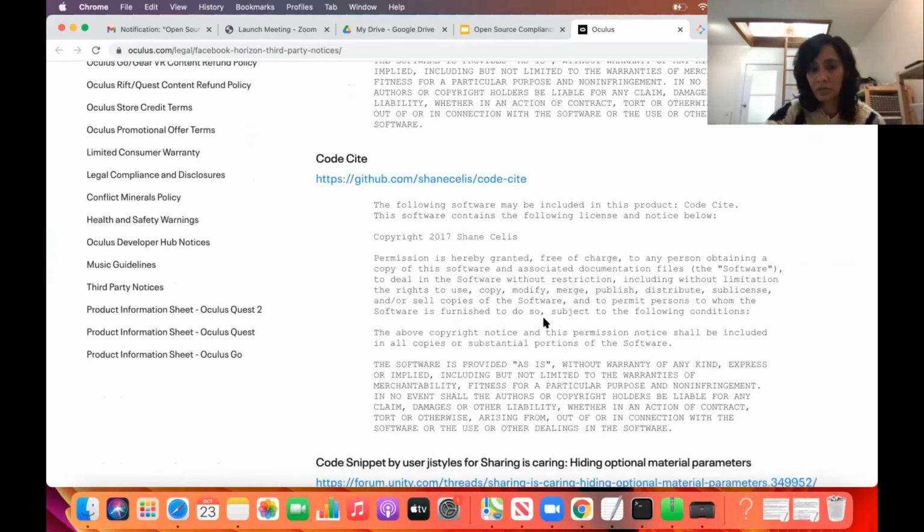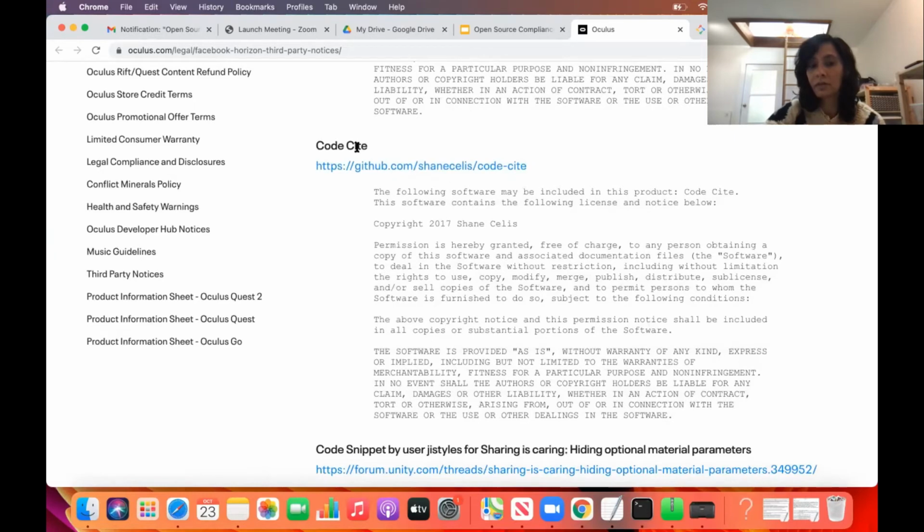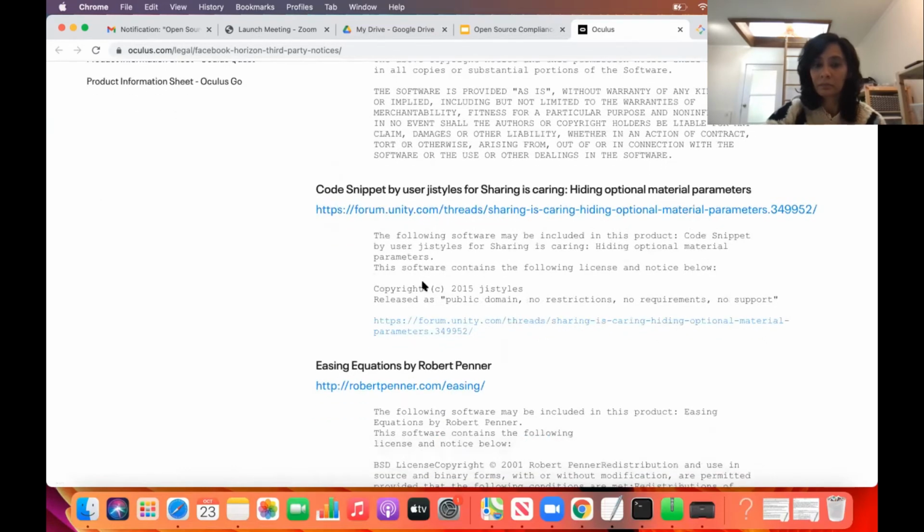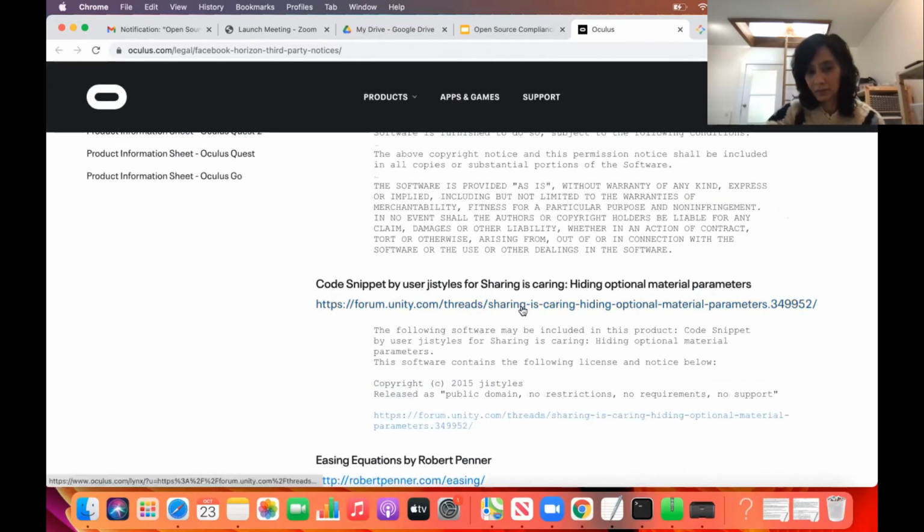Similarly, there's code site, same thing. You have the name, you have the URL, you have the copyright, and then you have the license text, right? So you can see that it's even for code snippets, right? Even if I'm copying a snippet of code, which is a couple of lines of code, it doesn't mean that I should not be attributing where I got that code from, right?